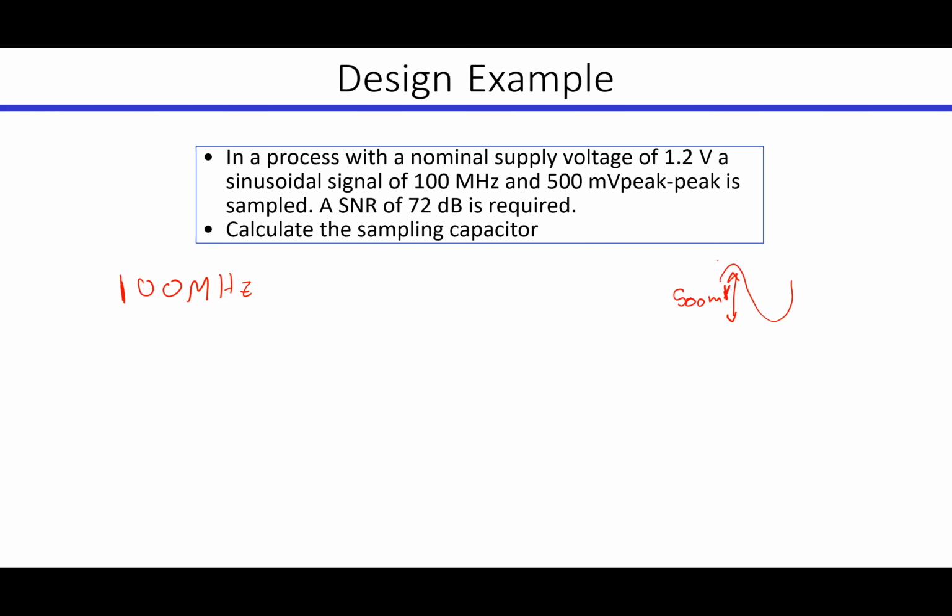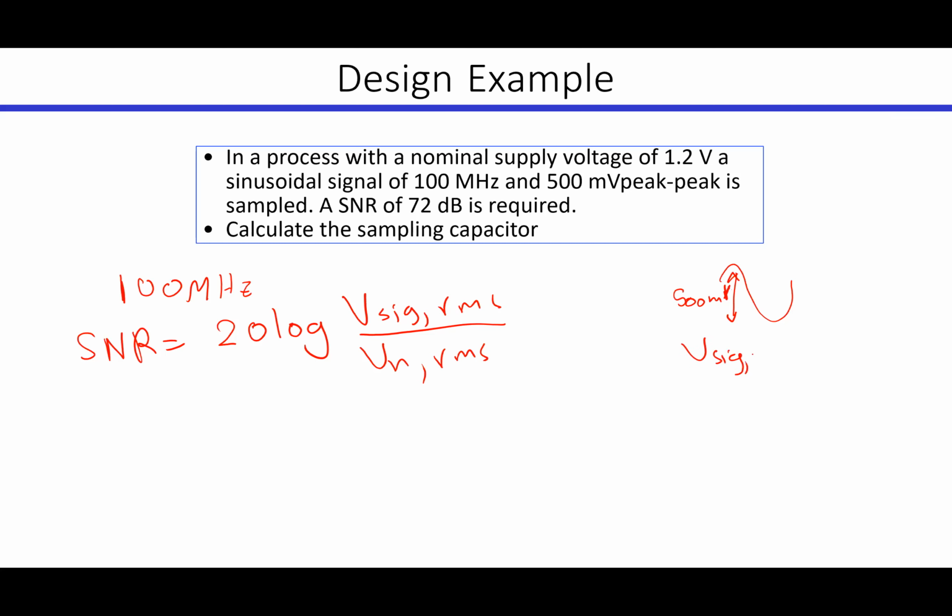Okay, so we have a signal of 500 millivolt peak to peak. We just need to remember that SNR is equal to 20 log of V signal RMS over V noise RMS. If I am using power, then it will be 10 log of signal power over noise power. So how can I find this V signal RMS?